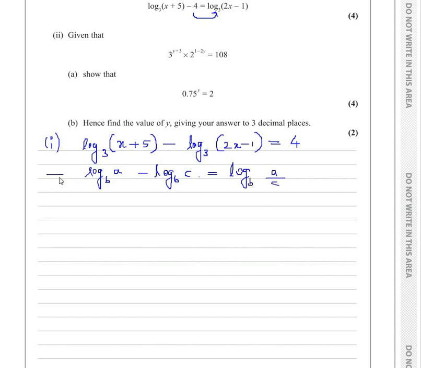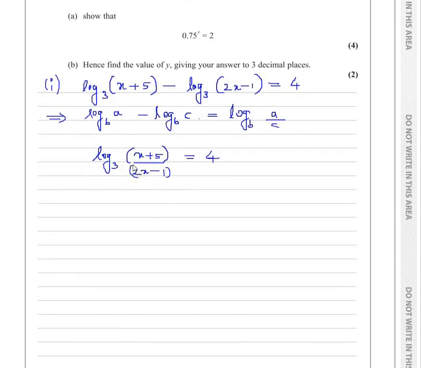So using this property, we are going to write this as log of x plus 5 divided by 2x minus 1 to the base 3. Since the base is 3 here, this will be equal to 4.